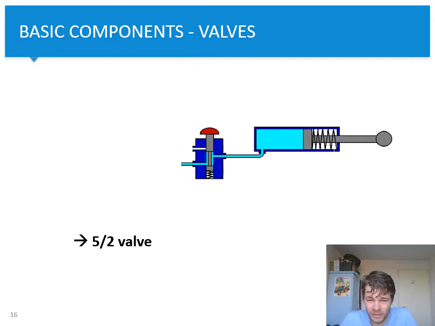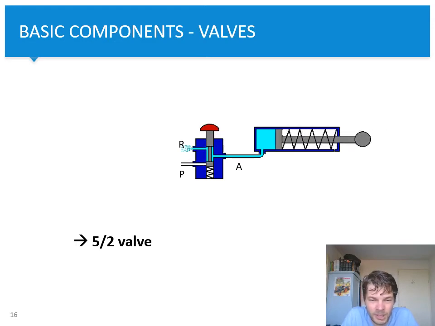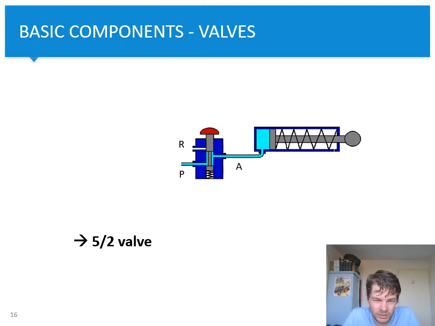And there's a valve, and like you can see over here, we have fluid going in at the pressure side, P, and going through hose A into the cylinder, and we have the retour hose at P.